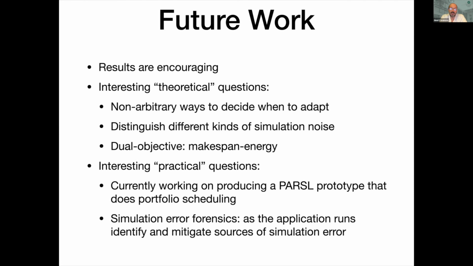And after an hour, we can compare what happened for real with what the simulation had said would happen in the future, right? And so that allows us to confront the simulated execution with what really happened. And based on that, quantify sources of error and introduce bias in future simulations to try to automatically mitigate the simulation error as the application progresses, right?